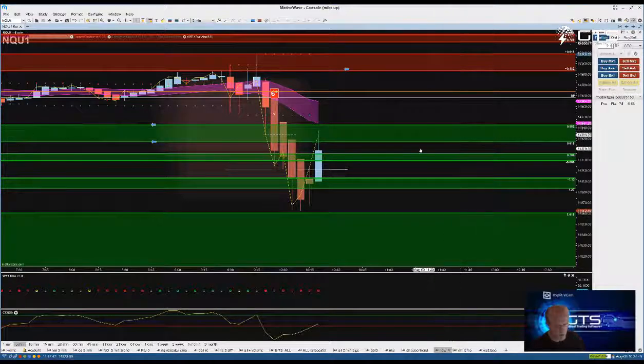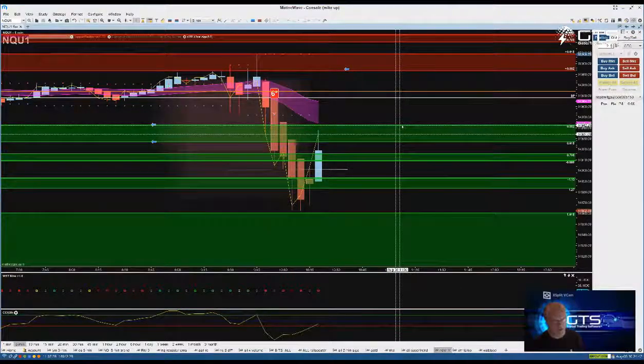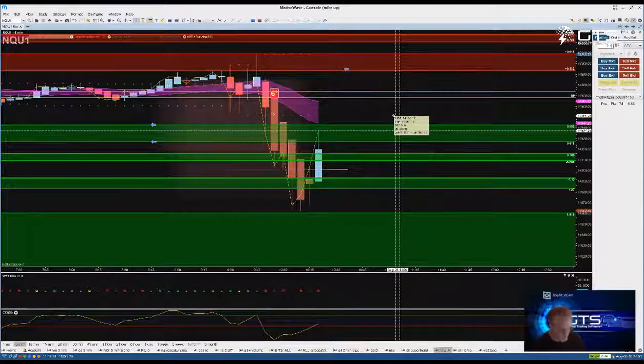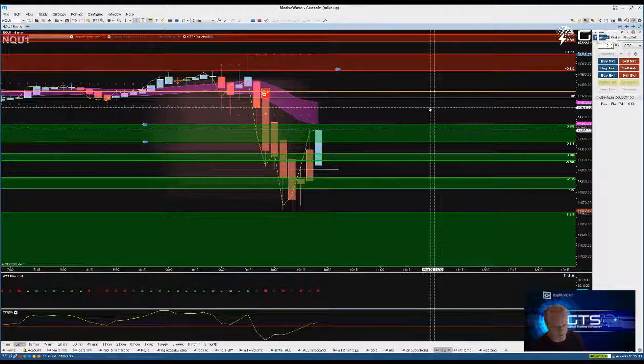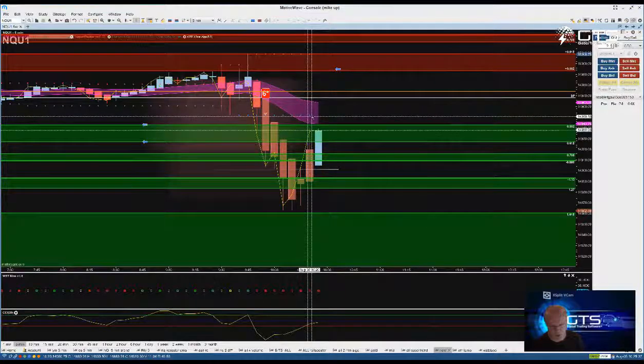So look at this thing, man, just taking off. It needs one more break to here. But you've got support, which is now resistance here. So that's really not impressing me any. You can see it's now trying to come up. It's just going to go right to the support level at the 950 area.